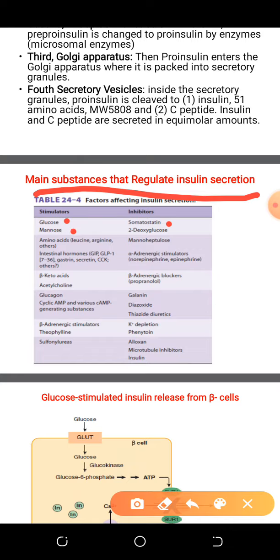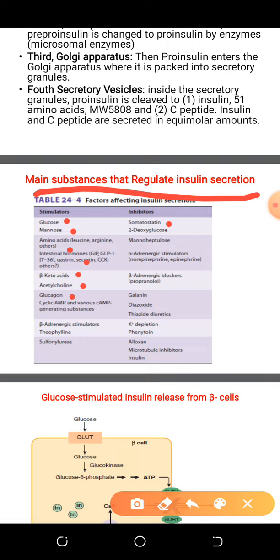The others, we have mannose, amino acids such as leucine and arginine. We have intestinal hormones such as GIP, GLP-1, gastrin, secretin, CCK. These can stimulate synthesis of insulin. We have beta-keto acids, acetylcholine from the parasympathetic secretions.